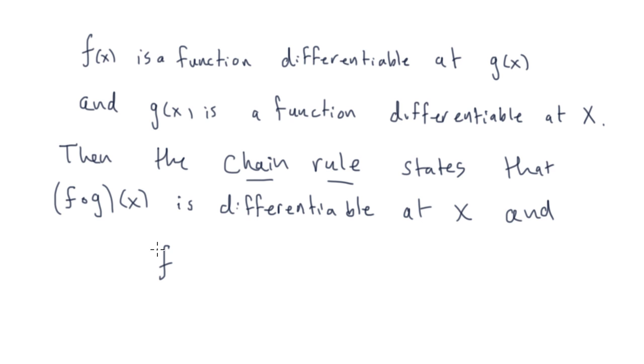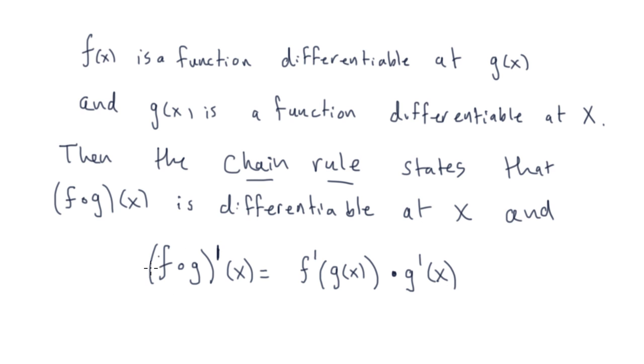So f composed g prime of x is the following. So it's f prime of g of x times g prime of x.